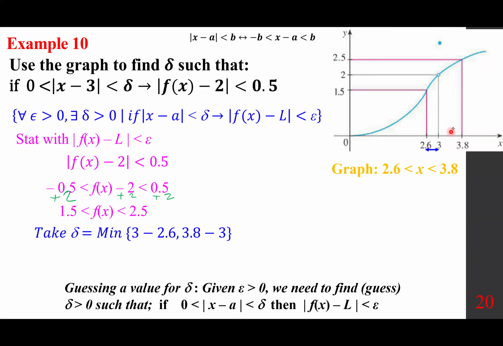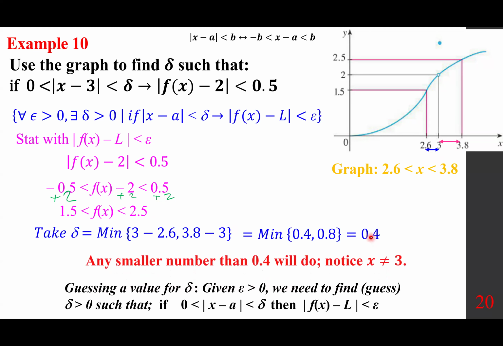Obviously, this is smaller. You should always pick the smaller of the two. So the minimum value of these, 0.4 and 0.8, is 0.4. Any smaller number than 0.4 will do the job. And as always, x can't be equal to a. In this case, x is not equal to 3.